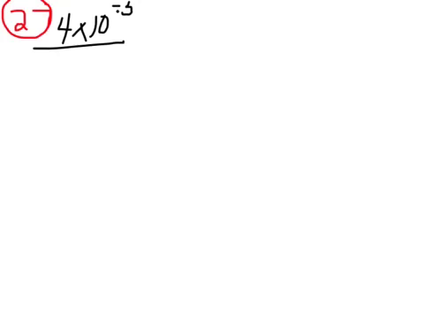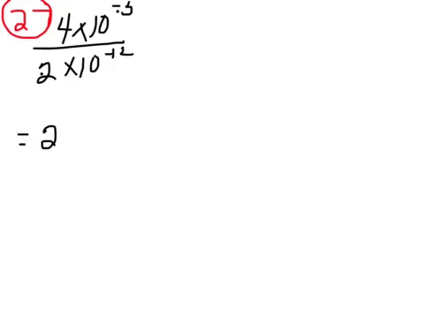I want to jump down to one like 29. Now let's do 27 first. Let's see if we can fit more of these in here. 4 times 10 to the minus 3 over 2 times 10 to the minus 12. All right. Now, remember, we've got some things going on here. We've got regular division. 4 divided by 2 is going to be 2.